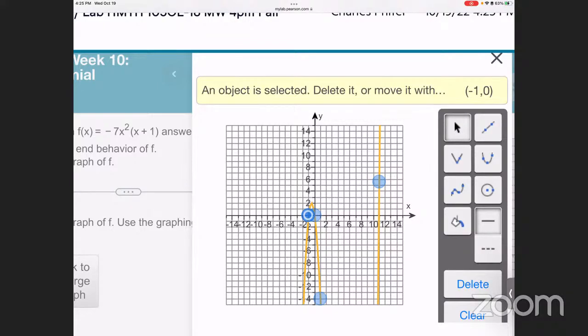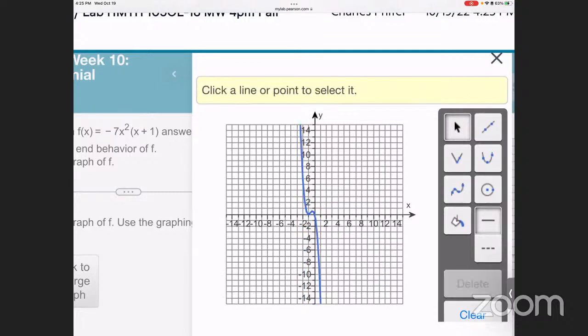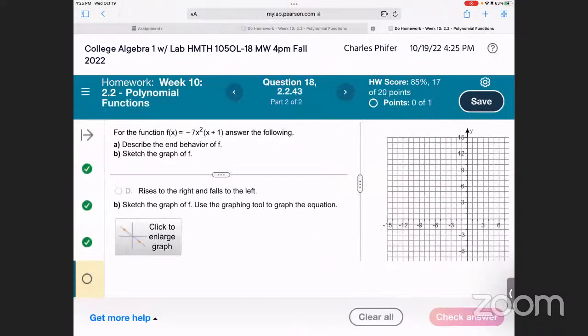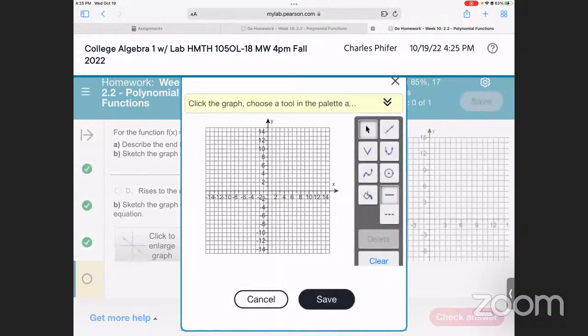Okay, let me just put it close for now. Something like that. Click a point, select. And it went away. I'm just going to get this one wrong and try another one, because I guess sometimes they have clean points and sometimes they don't.